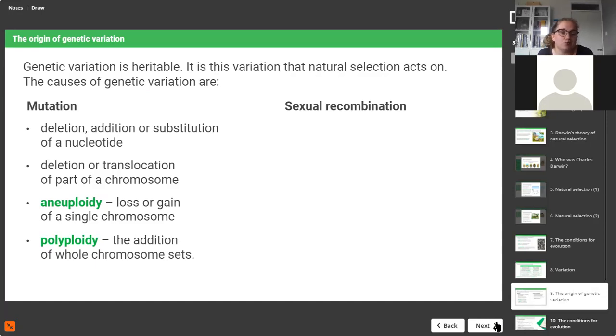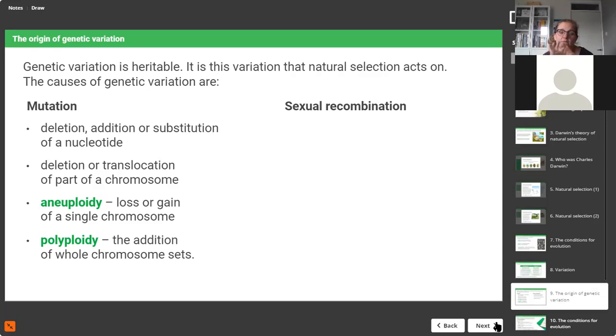We can also have deletions or translocations of part of a chromosome. Obviously our chromosomes line up down the middle of the cell during mitosis, and then the centromere is attached to them and they get pulled apart. Some parts of them can get broken off and degraded, so they're deleted.